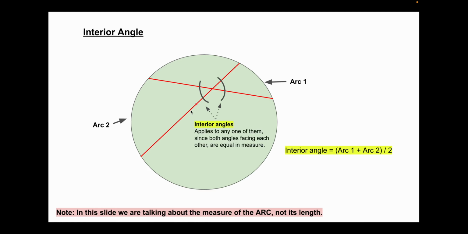They intersect in any point other than the center of the circle, and they create two arcs, a small arc and a large arc. Of course these two angles are equal, so the interior angle is equal to the two arcs added divided by 2, and this is the formula. Interior angle is equal to arc 1 plus arc 2, or arc 2 plus arc 1, doesn't matter, divided by 2.